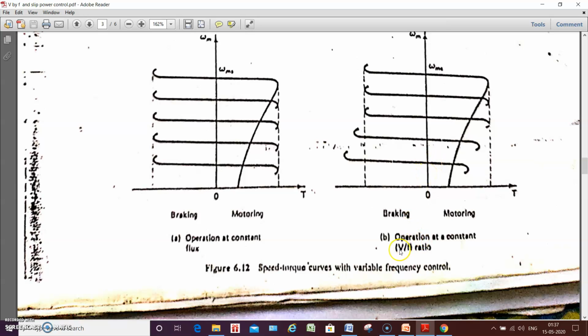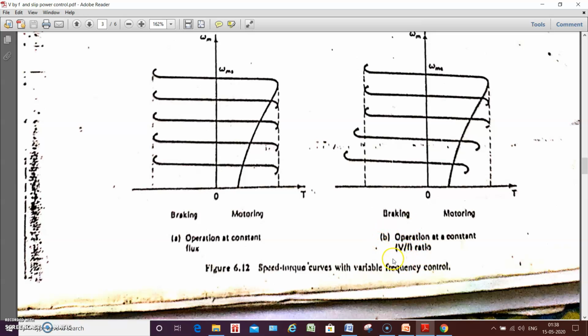But in the very low ranges, this stator resistance voltage drop has to be considered. This V/F ratio will not remain constant as usual, but will deviate somewhat from the expected value. For that, you have to increase the voltage. Suppose for operation at 50 volt, instead of applying 50 volt, you have to apply 70 volt, say for example, to compensate for the 20 volt stator resistance drop.